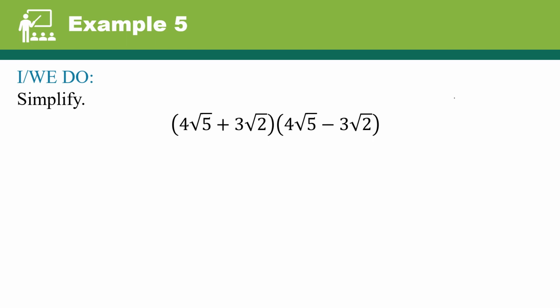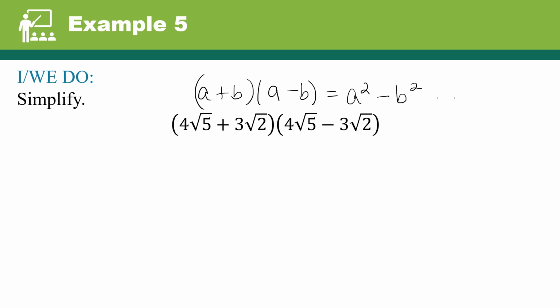So for this example, we have 4 times the square root of 5 plus 3 times the square root of 2. And then we're multiplying that expression by 4 times the square root of 5 minus 3 times the square root of 2. So this follows the format of a plus b times a minus b. So that's going to equal a squared minus b squared.